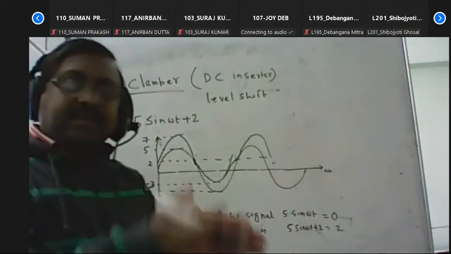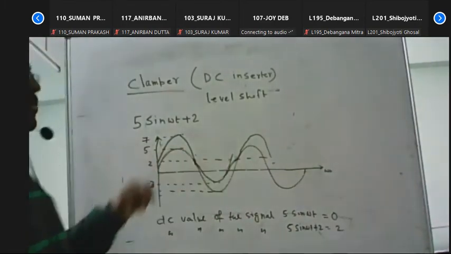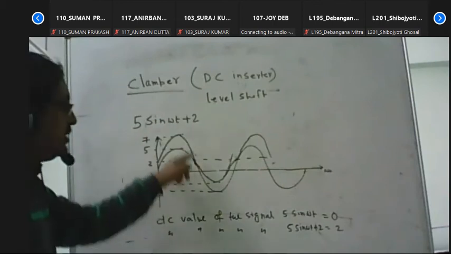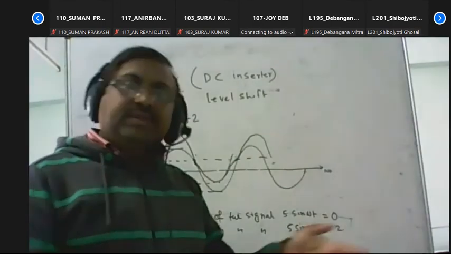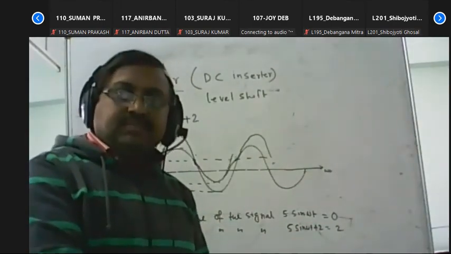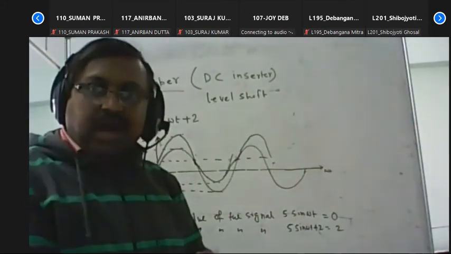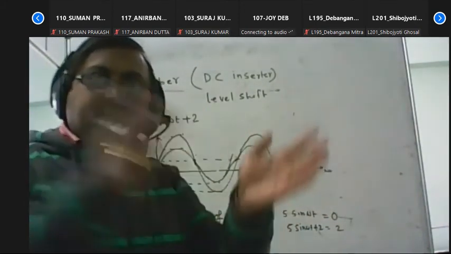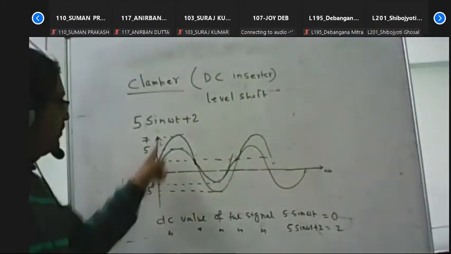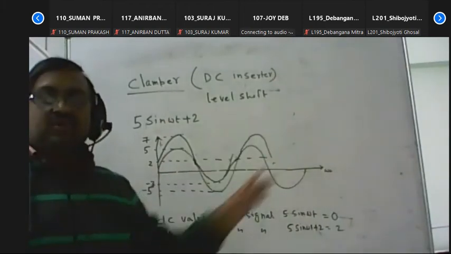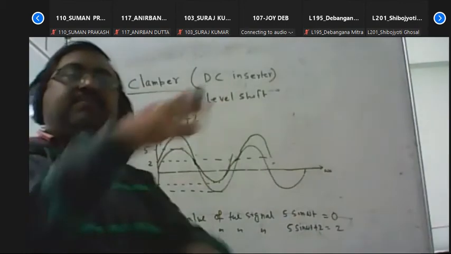After clamping, some DC level is inserted, but the waveform pattern does not change. That pattern will be the same as the input AC signal. Say the input AC signal is 5 sin omega t. After the clamping circuit, we get 5 sin omega t plus 2. In that case, the waveform pattern does not change; only the DC level is shifted from 0 to 2.